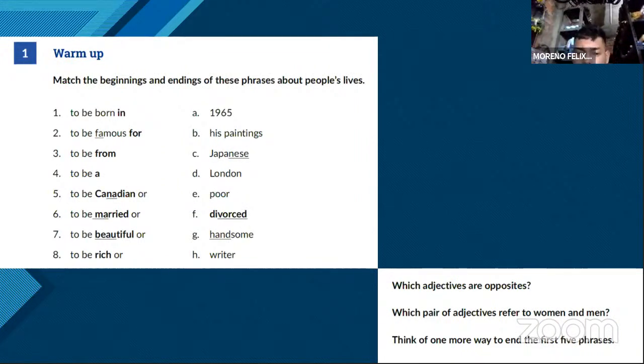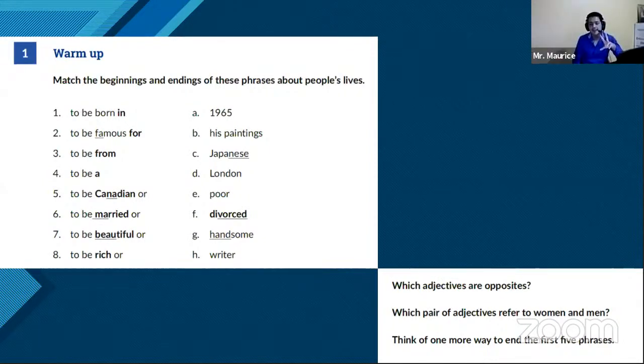Pintor. No entiendo muy bien la pregunta. Okay, the number 2 is which pair, okay? ¿Qué par de adjetivos se refieren a women and men?